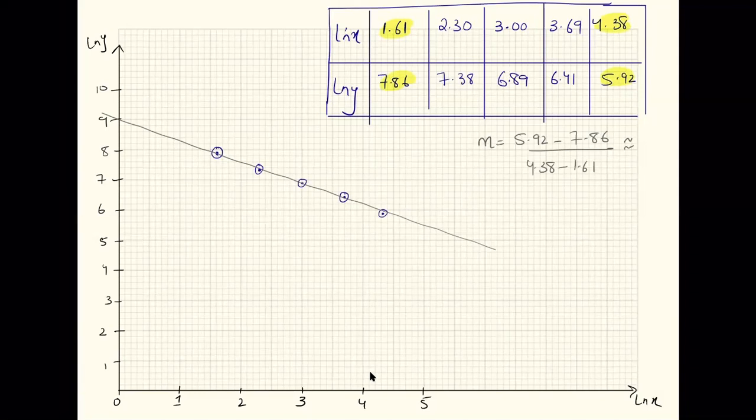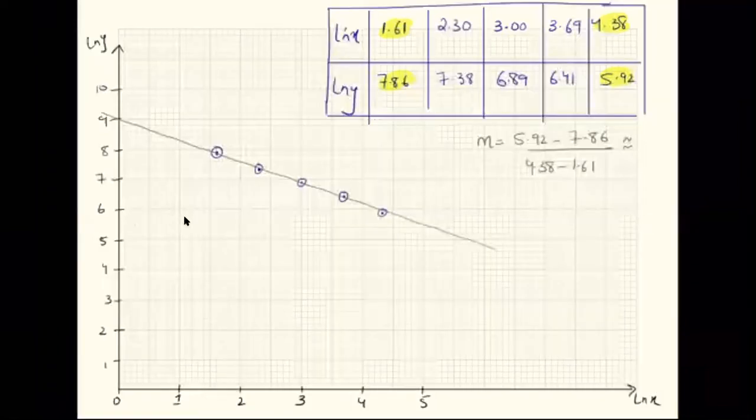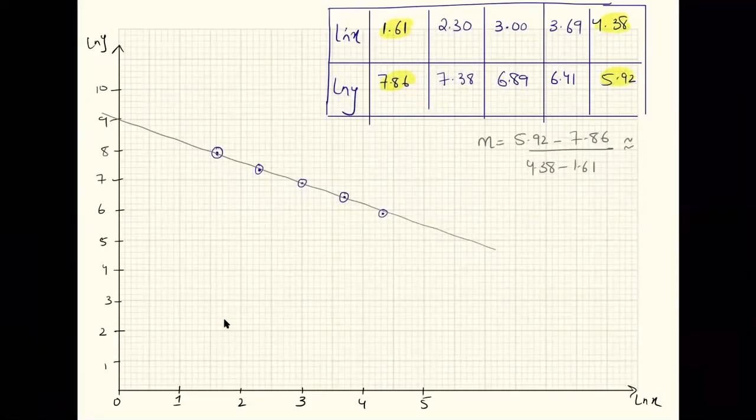I'm getting minus 0.7004. So to two significant figures, 0.7. Then the n value is going to be minus 0.70. This is my n value.